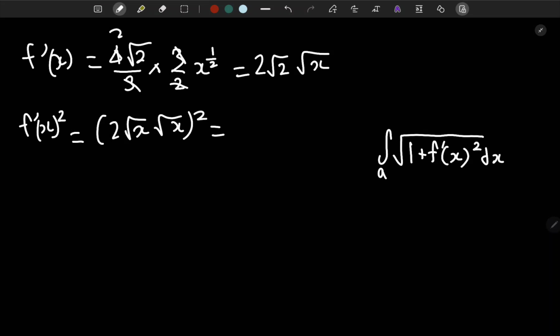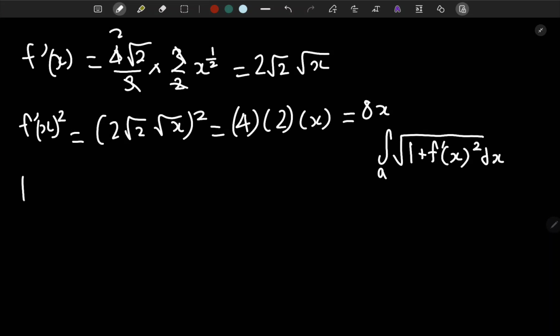It will be equal to 4, since 2 squared is 4, times radical 2, sorry about that, radical 2 squared is just 2, so let me put brackets here, and then radical x squared is x. This will be equal to 8x, and that's it. Now we have everything that we need, so let's plug into the formula.